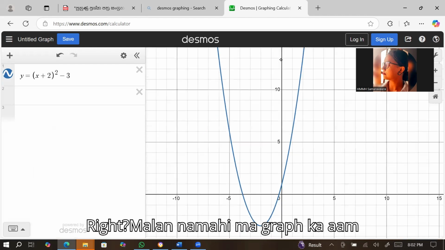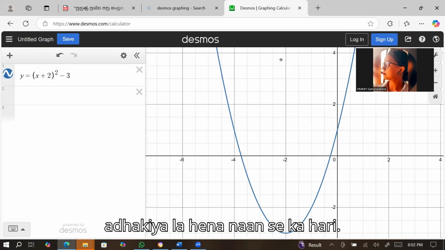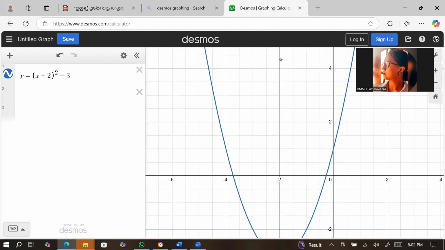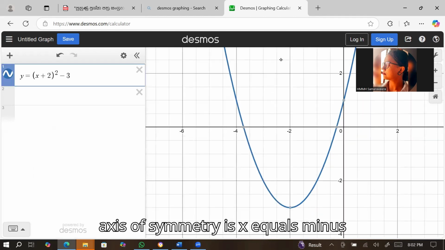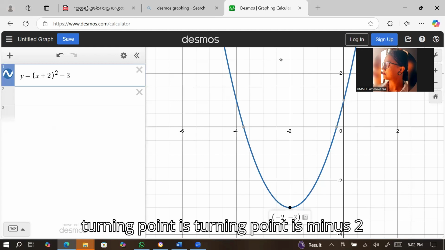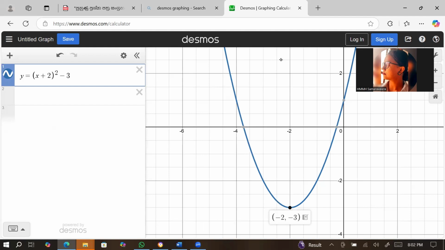See whether your graph came out like this. Then the answer is correct. Axis of symmetry is x equals -2. Turning point is (-2, -3), right?